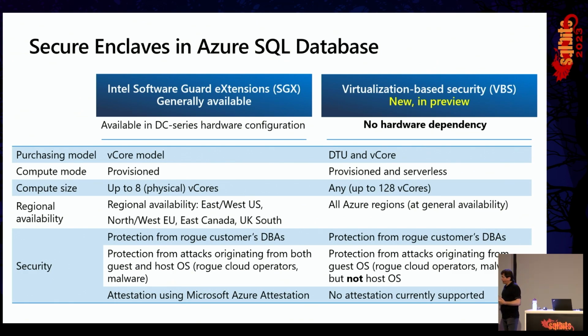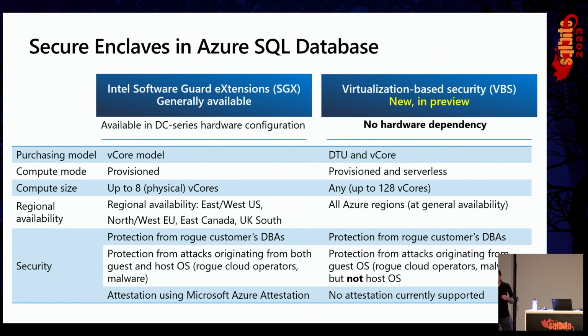The difference is in regards to attack vectors originating from the level of the operating system, okay? For example, because software enclaves, VBS enclaves, are not protected through encryption, they are vulnerable to attacks originating from the host operating system, because the memory of the enclave is not encrypted from the point of view of the host operating system.